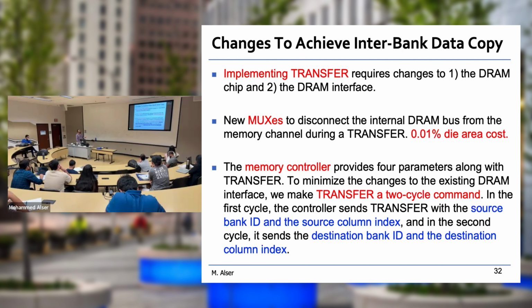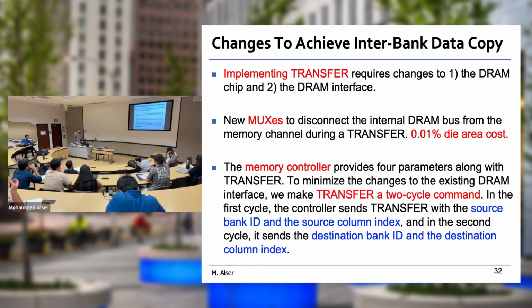And in terms of the memory controller, what they need to do is to introduce this command that is a 2-cycle command. In the first cycle, the controller sends transfer with the source bank ID and the source column index. And remember, we cannot transfer a whole row between banks. That's why we need the column ID. One by one we send, okay? And then whenever we send, we need a place to receive.